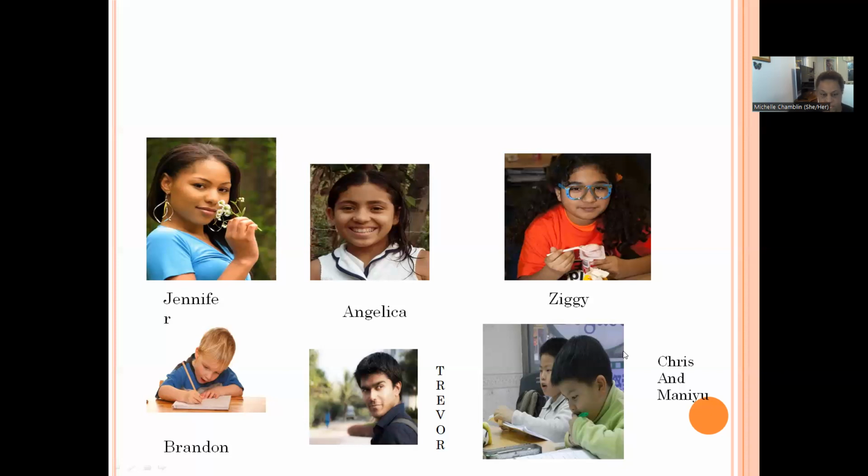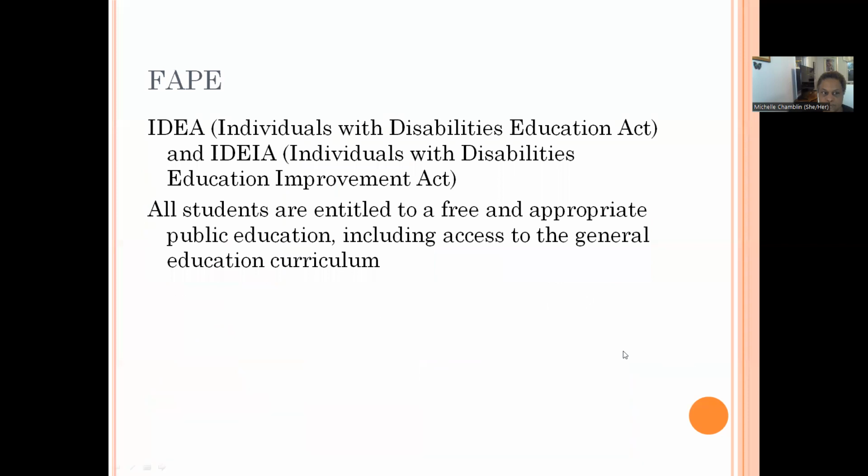So we have Jennifer, Angelica, Ziggy, Brandon, Trevor, Kristen, Maniu. Of those 6, rank from 1, who is in the least restrictive environment, all the way to 6, who is in the most restrictive environment. Submit your answers on Canvas.